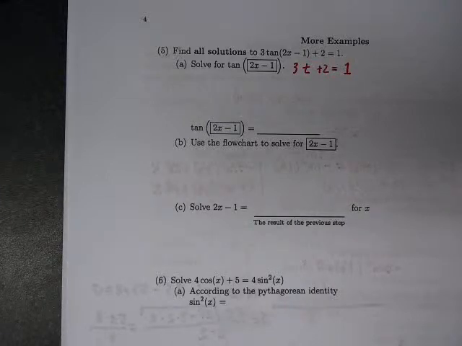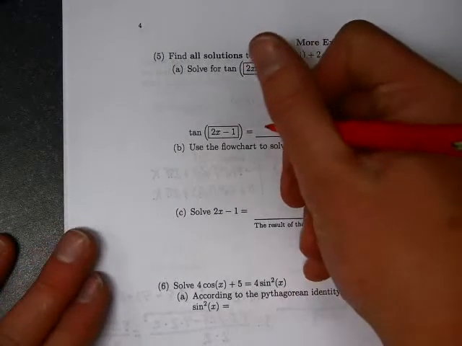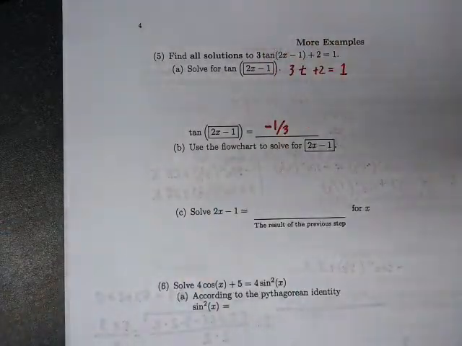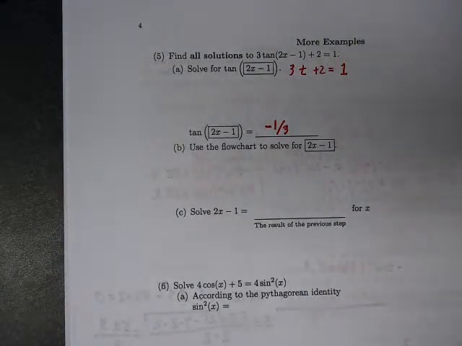What do you get for t? So that means the tangent of 2x minus 1 is equal to negative a third. So let's deal with the tangent symbol next. That's the next thing on the outside that's done to this quantity. What are the solutions to tangent of thing in a box is equal to negative a third?